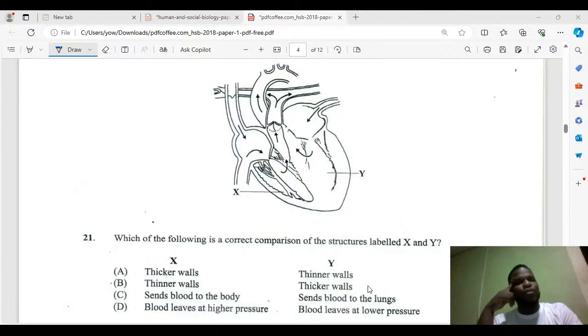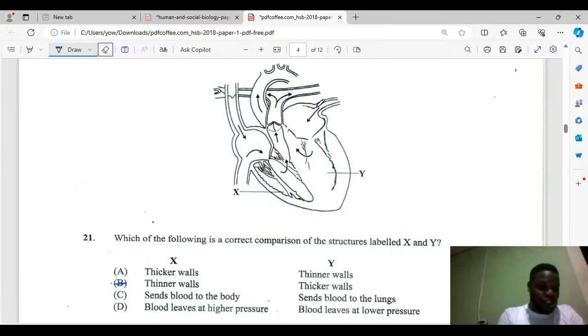But when it goes on the right hand side, which is actually the left, right, it basically is transporting the blood to the body. So therefore the answer would be B. So X has thinner walls, right, because it is only transported to the lungs, and Y has thicker walls because it's going to the body.